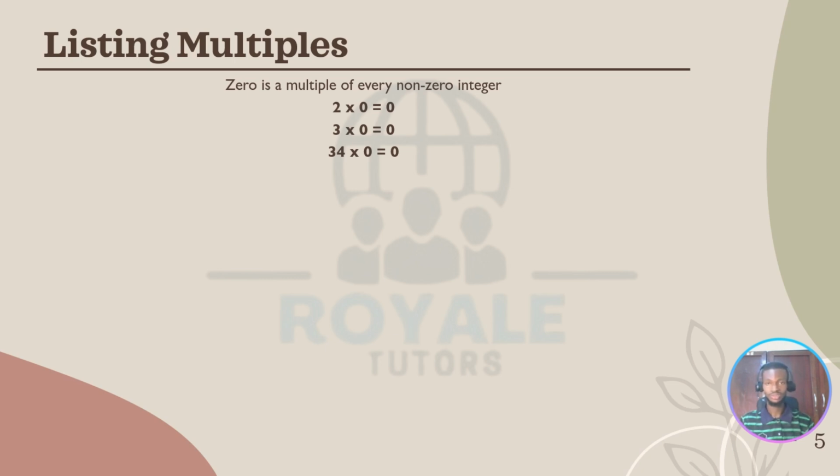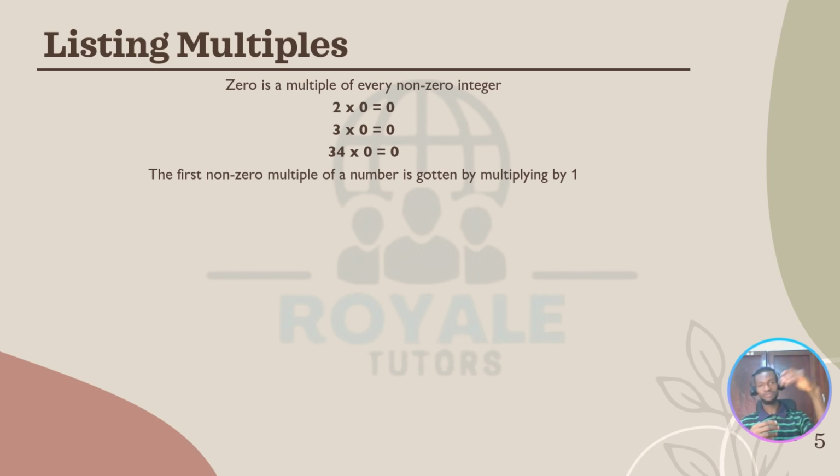These are just examples. Then the next thing is to know what the first non-zero multiple of a number is, gotten by multiplying the number by 1. We have generated zeros. Now the first non-zero multiple of a number is gotten by multiplying the number by 1. We take 2, 3 and 34 as a case study.